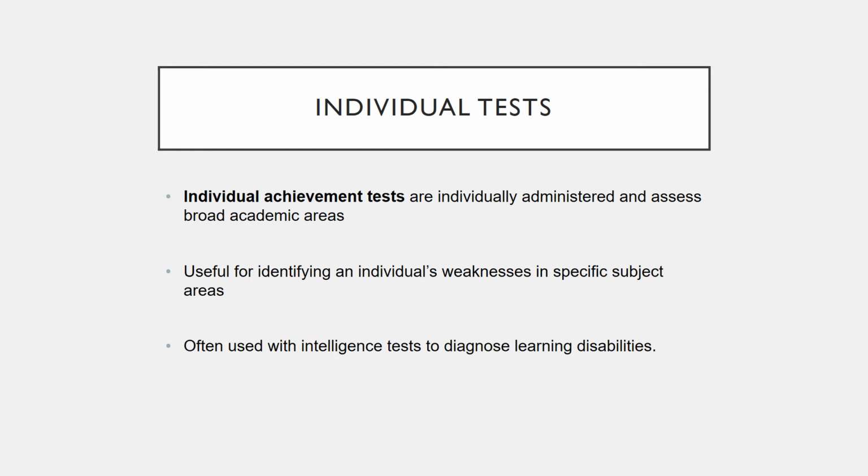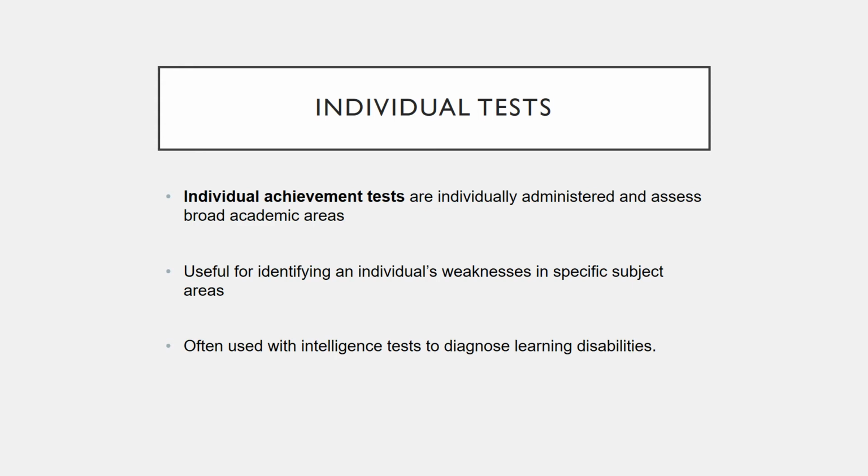So we talked about group tests. Now in terms of achievement testing and individual tests, individual achievement tests are a little different than intelligence tests. In intelligence testing, we see a lot more individual tests. In achievement testing, we tend to see more group testing. But individual tests are used, and they are administered to assess a broad area of academics from preschool up into high school.